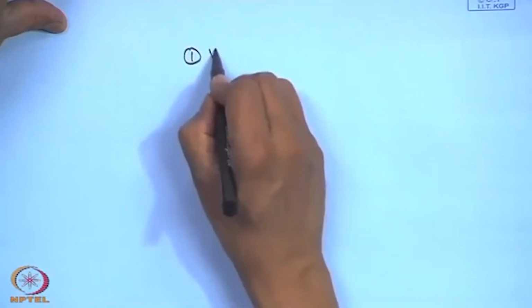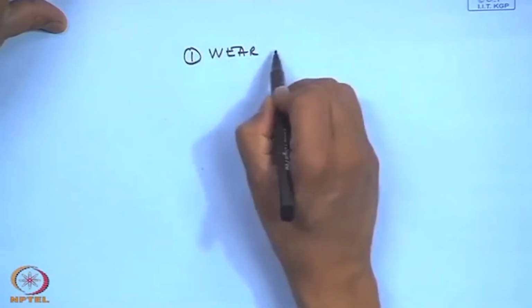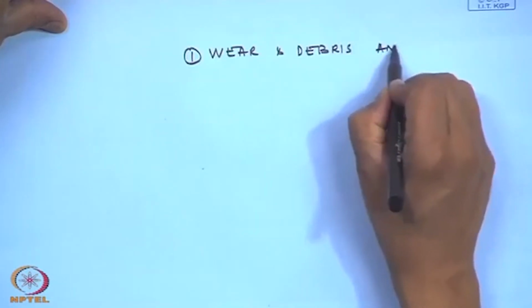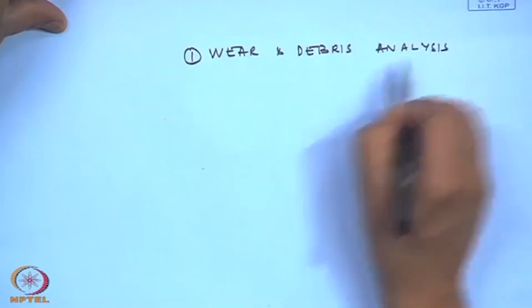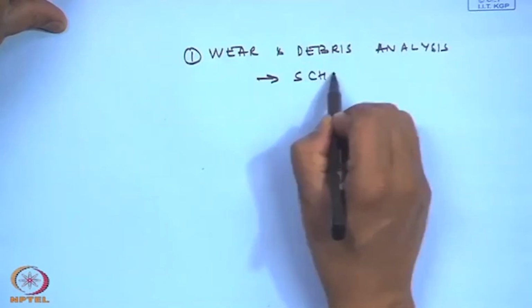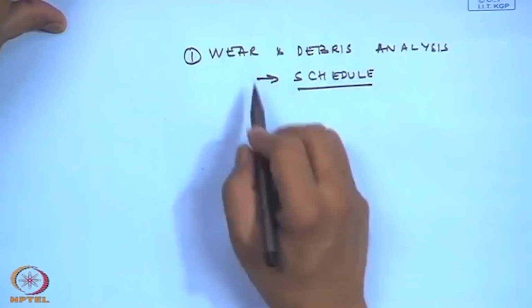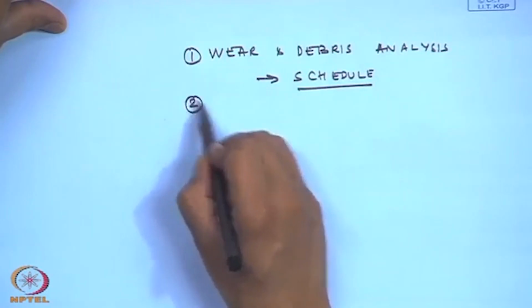Now, we know about wear debris analysis in gearboxes, and all these oils can be used to find out the particles in them, and the normal wear debris analysis routines can be followed. There is a particular schedule which has to be followed, so that the gear oil analysis along with the wear debris analysis is done.